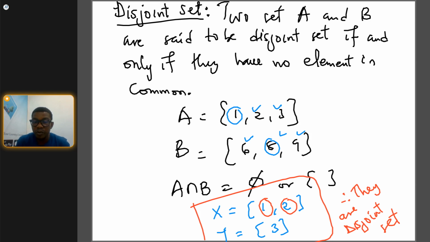Okay, let's move on to the next one. Permit me to clean the board. We want to consider the next one, which is non-disjoint sets.